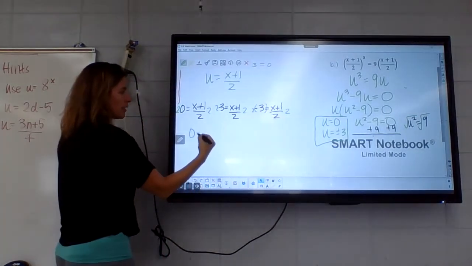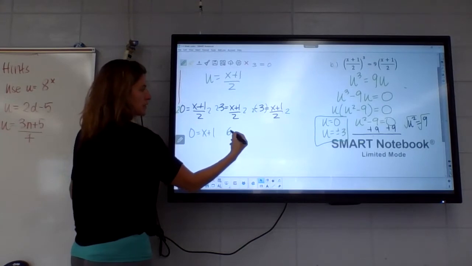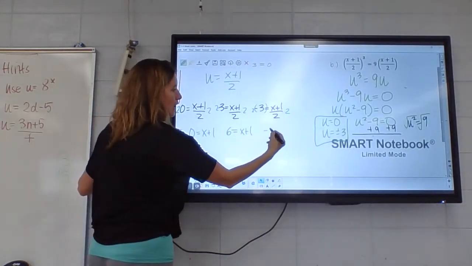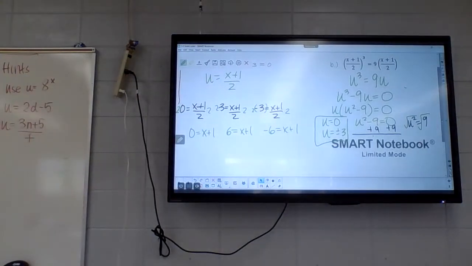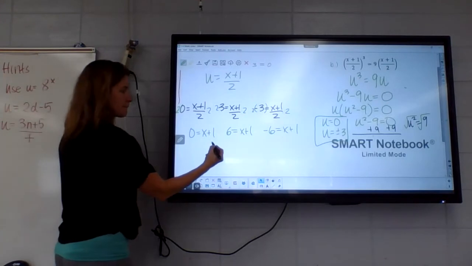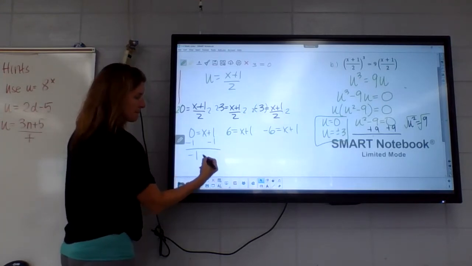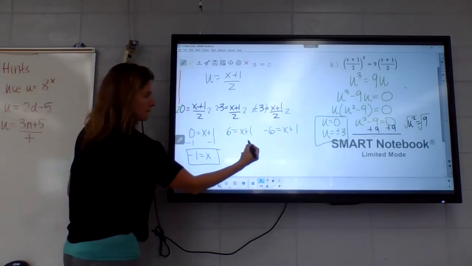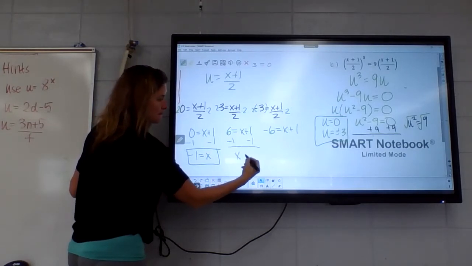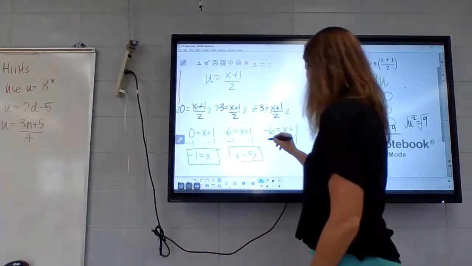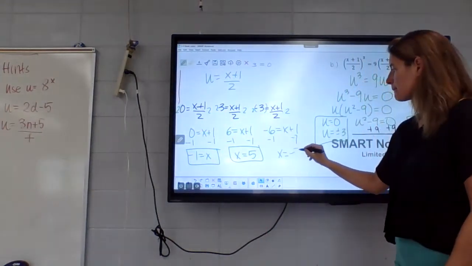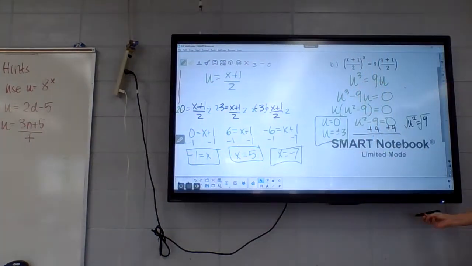So I'm going to have 0 equals x plus 1, 6 equals x plus 1, and negative 6 equals x plus 1, because when I multiply by 2, I get those to go away. So I get 3 answers here.